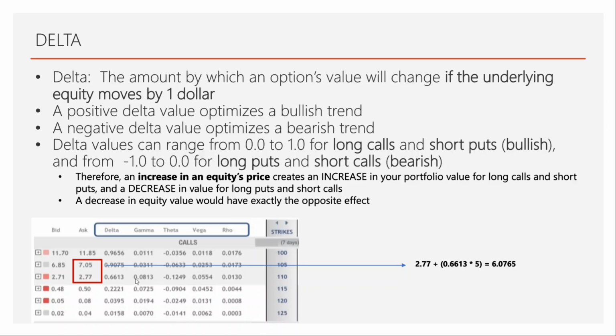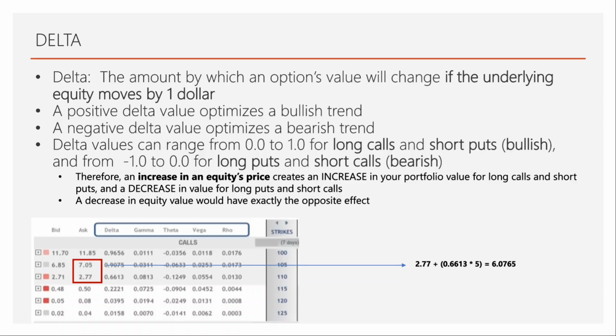By this time you will know what in the money, at the money, or out of the money mean. If you don't know, please refer to my previous videos. Assume right now the stock price is $110, which is at the money. I think tomorrow the stock price may increase from $110 to $115.